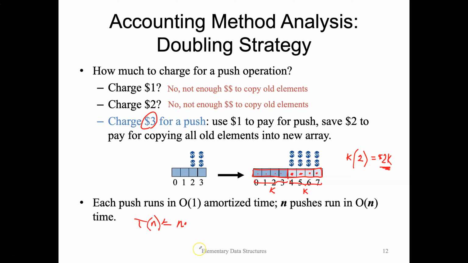We know that the total cost, since the computer was able to cover all costs of primitive operations, and we gave the computer $3 each time, our total cost T of n for calling push n times is no more than 3n, 3 times n, which means that our amortized cost here is equal to T of n over n, which is just 3. You'll notice this is exactly the same amount that we charged. So this is our amortized cost for one call to push, and this is constant. So our amortized cost for push using the doubling strategy is constant.